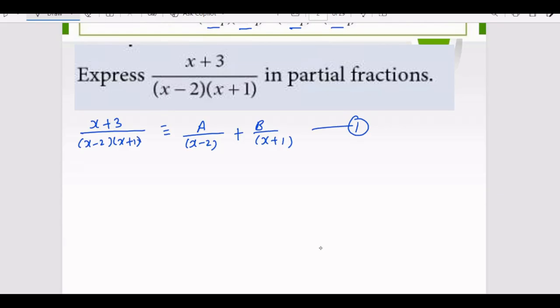There are two methods, and I will show you both of them. The first method to find the values: first of all, you cross multiply.